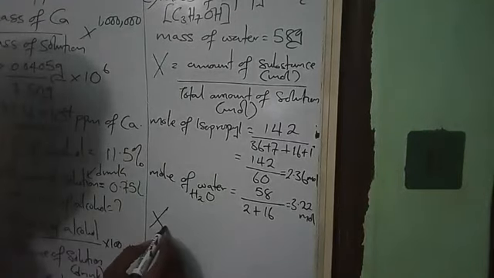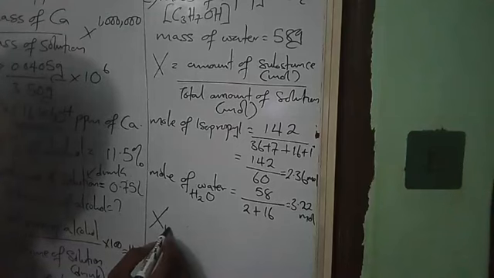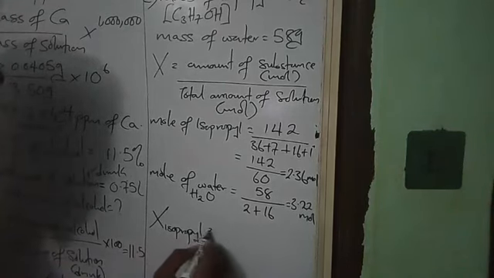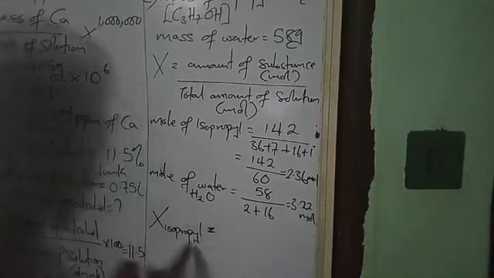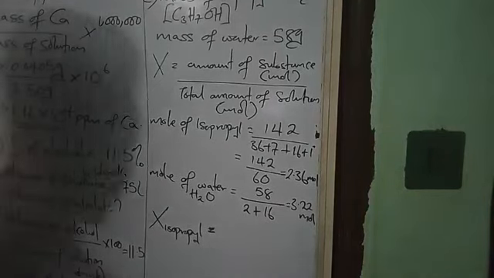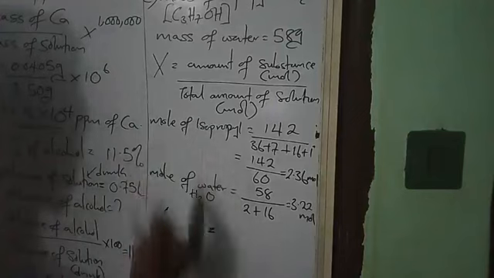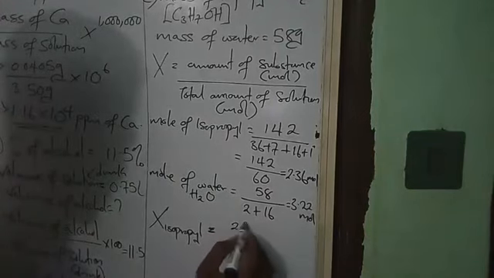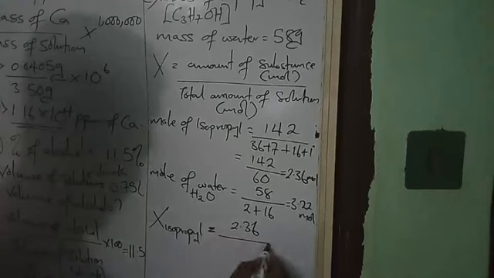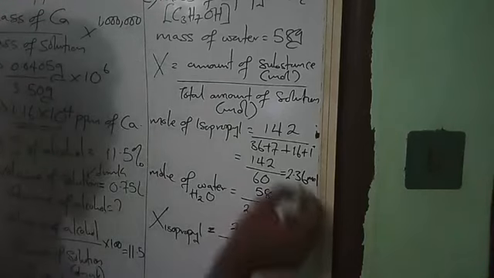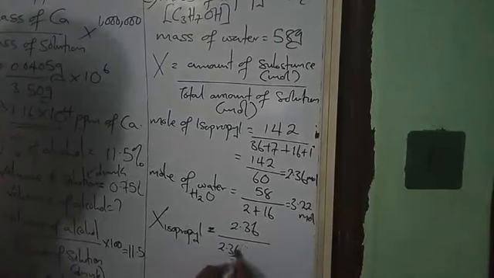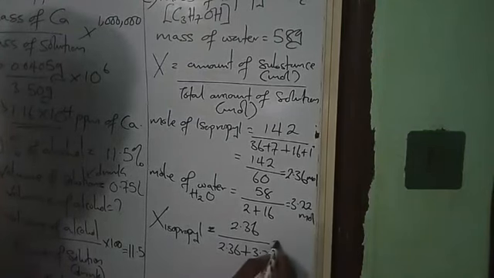So what will be the mole fraction of isopropyl? I've done that in Dalton's law of partial pressure. That will be the mole of isopropyl over the total number of moles of the mixture. So I have 2.36 divided by the total number of moles, that is the mole of isopropyl plus the mole of water, 2.36 plus 3.22.